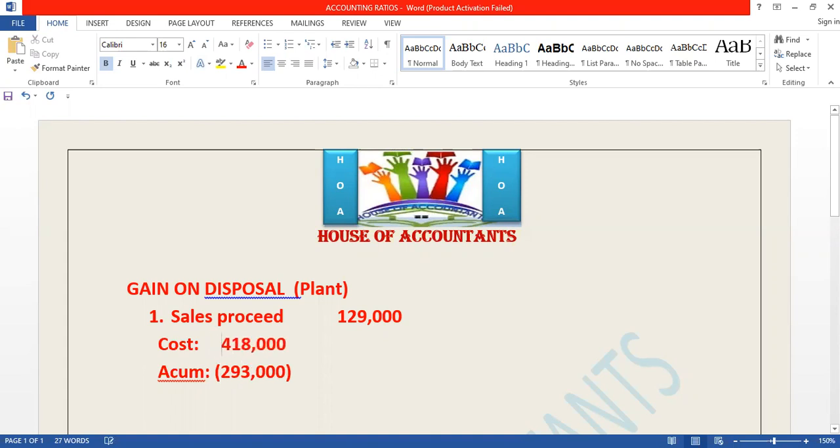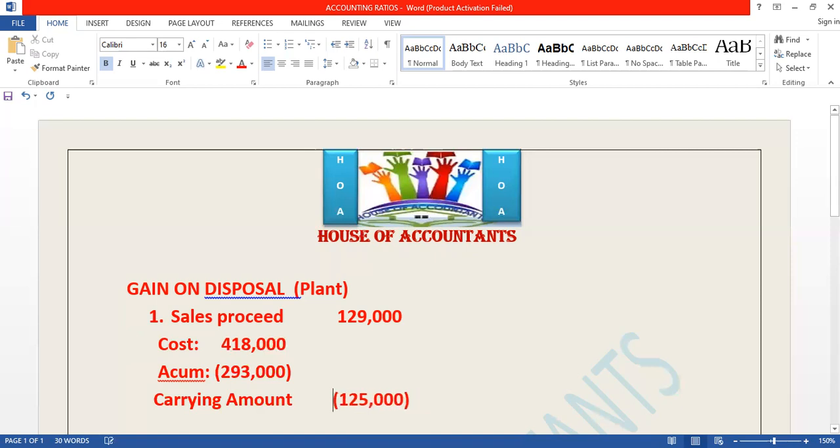Which is fine. So what is the difference between the two? Whatever you get is your carrying amount. 125,000. Okay, so 125 is the carrying amount.